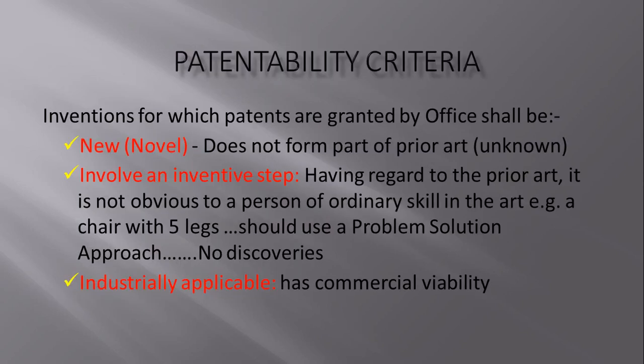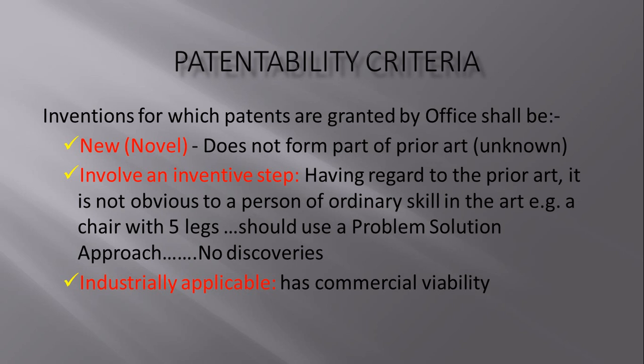Let me go back a little bit and talk about this. So if you want to file for patent protection, there's a criteria that is used. First, we have to look at your invention or your creation. Is it really new? Is it novel? Has anyone else before created this thing?